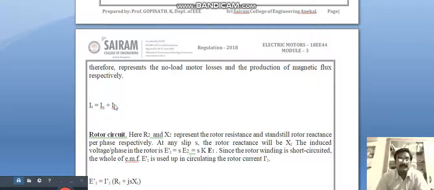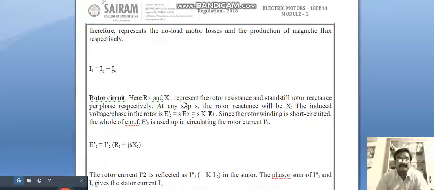Rotor circuit. Here R2 and X2 represent the rotor resistance and the standstill rotor reactance per phase respectively. At any slip S, the rotor reactance will be S X2. The induced voltage per phase in the rotor is E2 dash equal to S into E2, so S into K into E1. Since the rotor winding is short-circuited, the whole of the EMF E2 dash is used up in circulating the rotor current I2 dash.